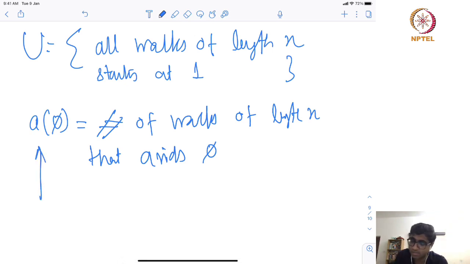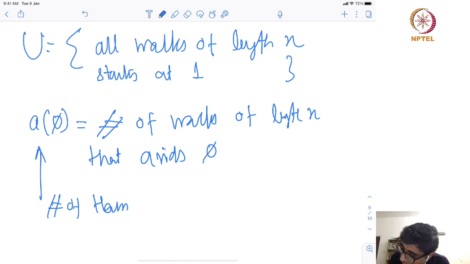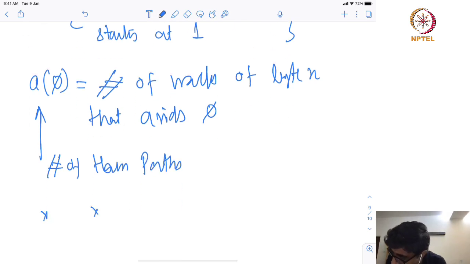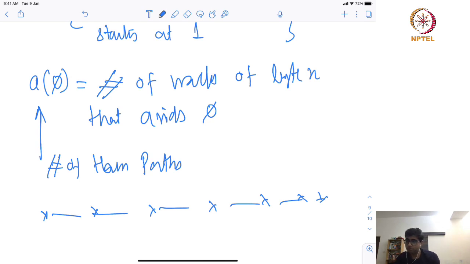This is nothing but precisely the number of Hamiltonian paths, because the number of walks of length n that avoids phi means this walk contains every other vertex.